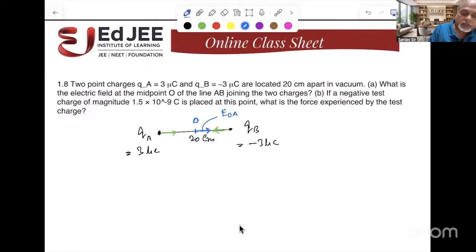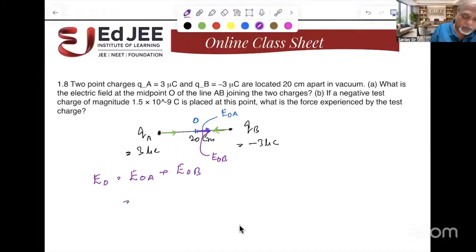Of course, this is a negative charge, so the electric field will be towards the charge. So here again there will be EOB, the electric field at O due to B. What is the value of this? Now EO will be nothing but EOA plus EOB, because both are in the same direction.